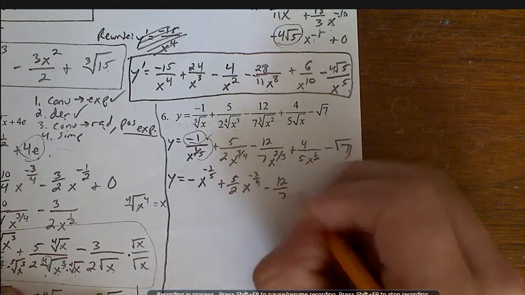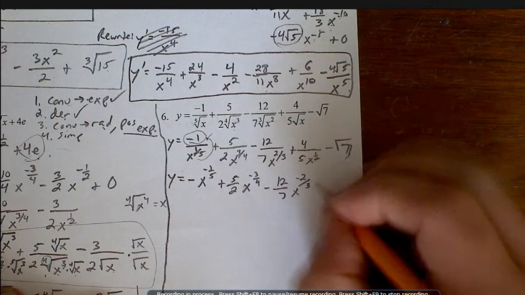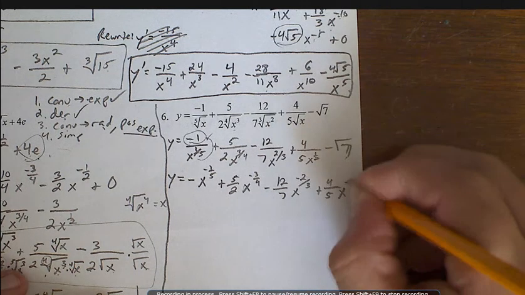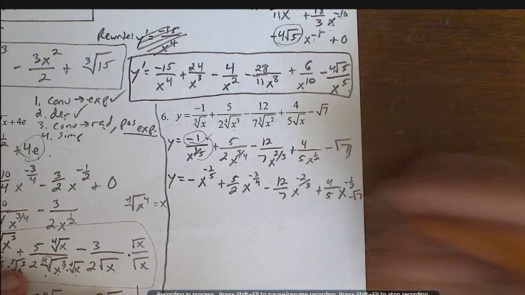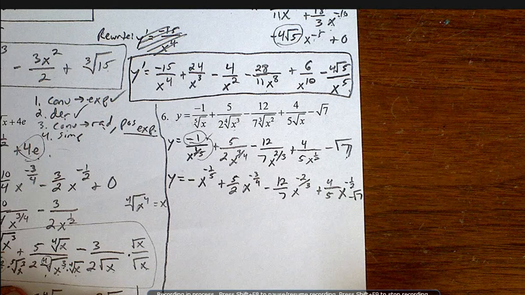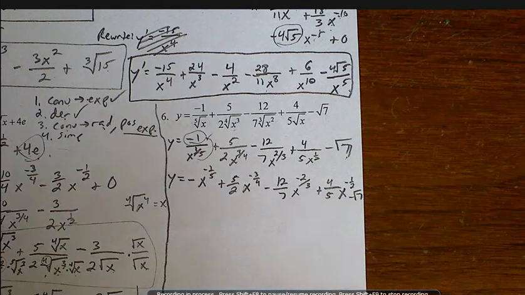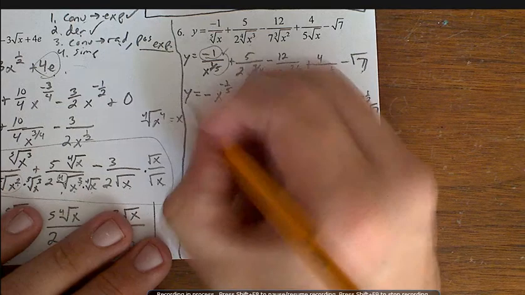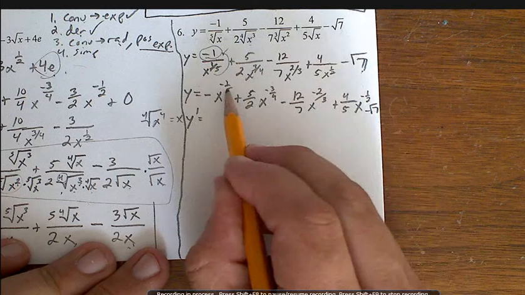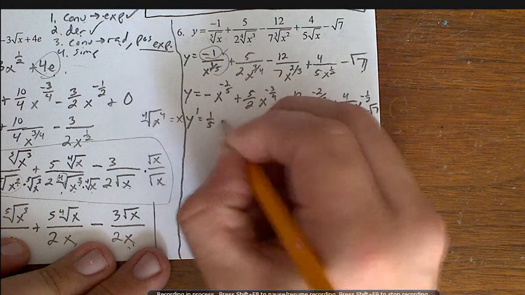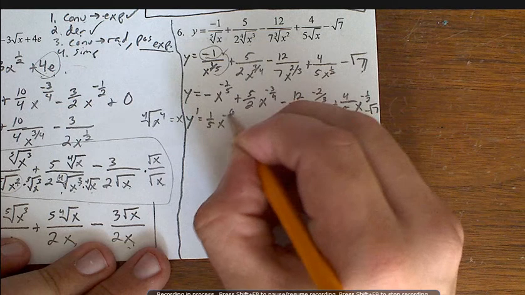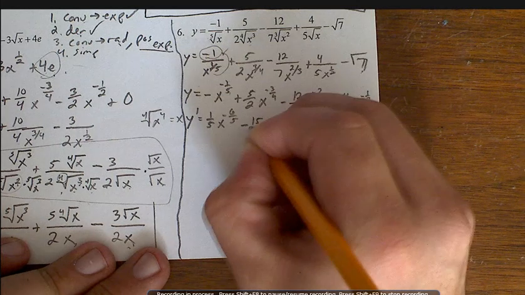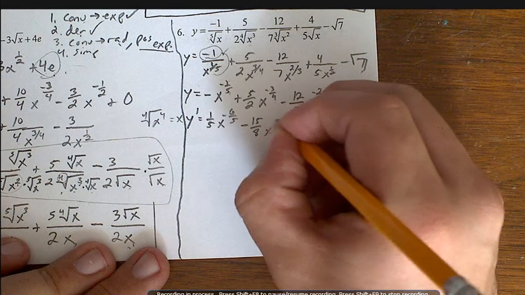Negative 1, so I have positive 1/5 x to the negative 6/5, because negative 1 minus 5 is negative 6, minus 15/8 x to the negative 7/4 plus 24/21 x to the negative 5/3 minus 4/10 x to the negative 3/2, and then the derivative of the square root of 7 is going to be 0.